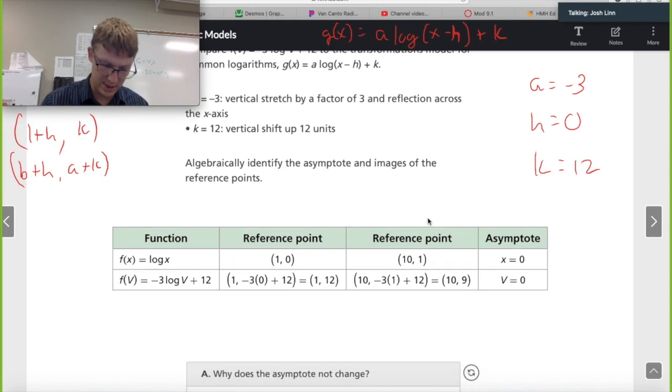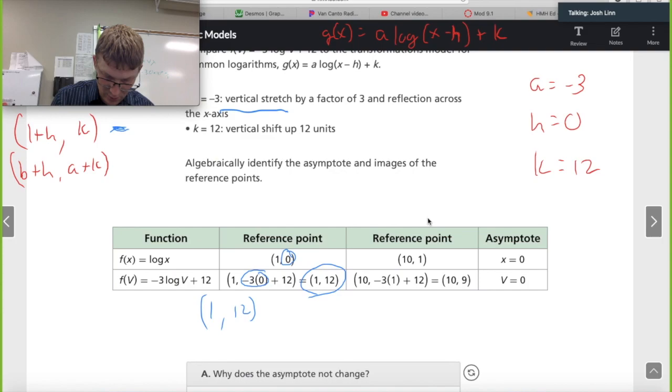So our first reference point, we'll go blue, is right there. That's going to be 1 plus h, so that's going to be 1. And then k is 12. So notice how that's the same thing they got. Now they're doing this whole thing here because they're using every bit of information. They're saying you start with this point, you do a vertical stretch with it, and then you add the 12.